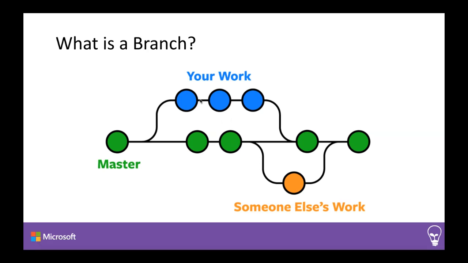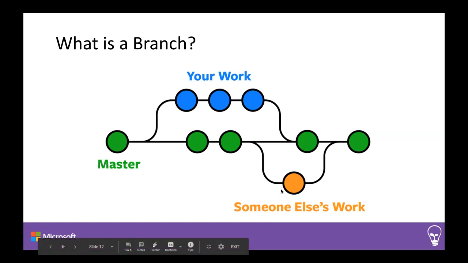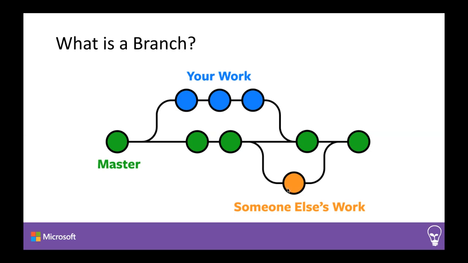So you develop this new feature and you add it back into the master. This person develops his or her own feature separately and then adds it back to the master. By doing this, you save a lot of time and effort. So that is all what branching is all about.